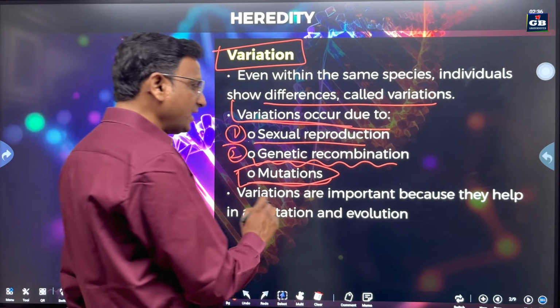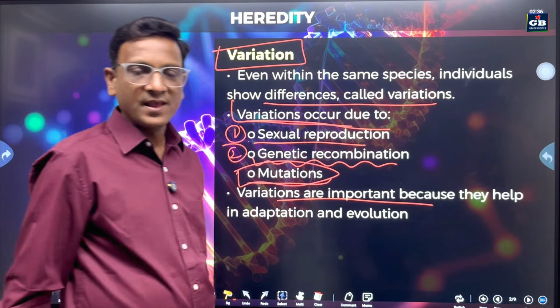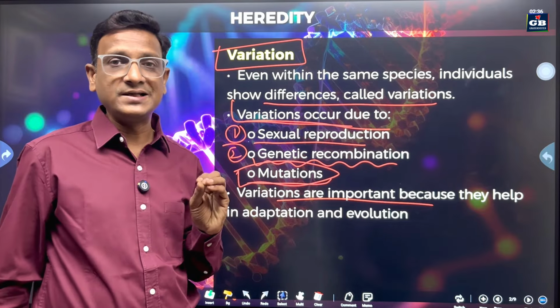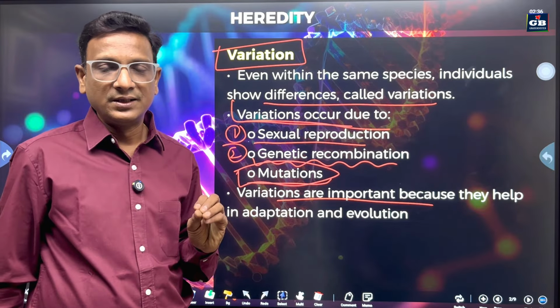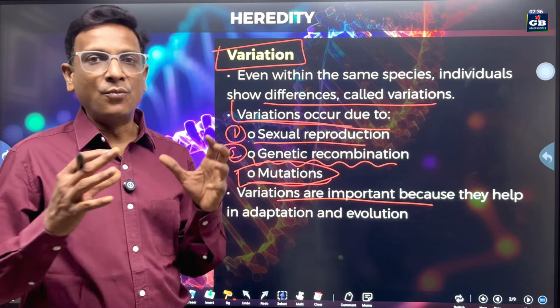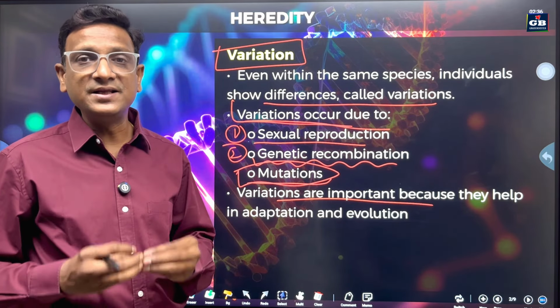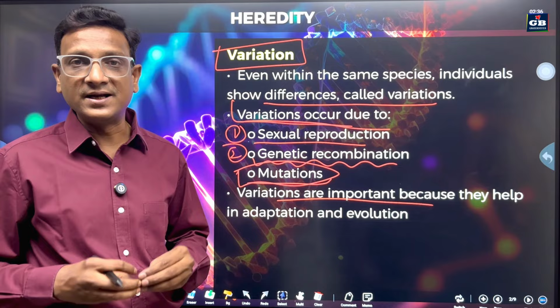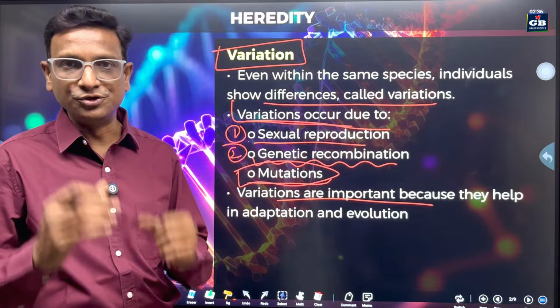Okay? So variations are important. And many times we get this question, are variations useful for the organism or harmful? All variations do not help the organism, but most of the variations help the organisms in their survival and also help the organisms in the process of evolution. Okay?